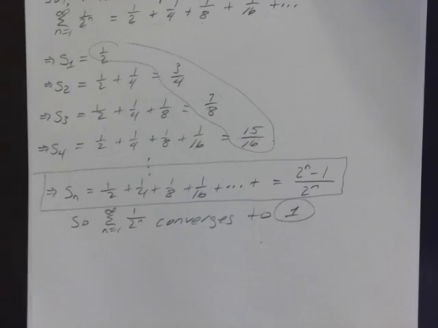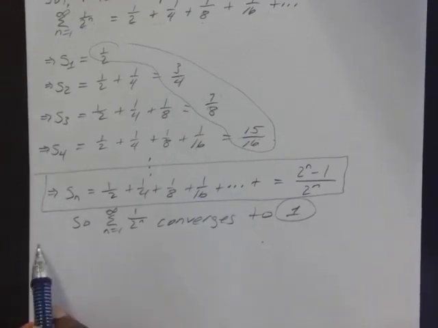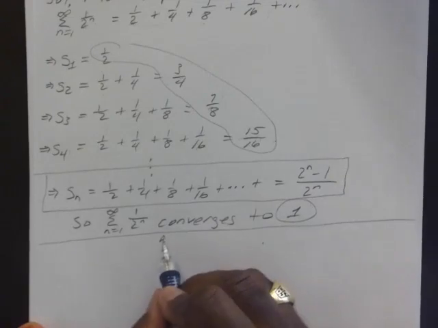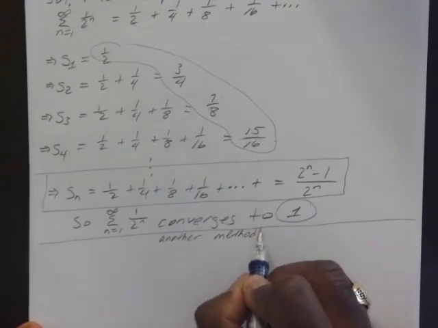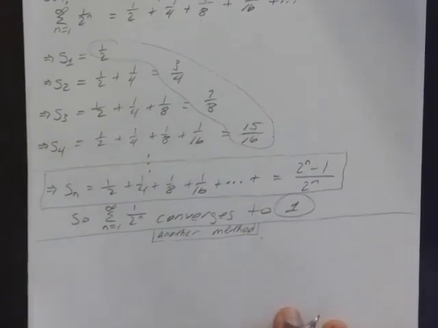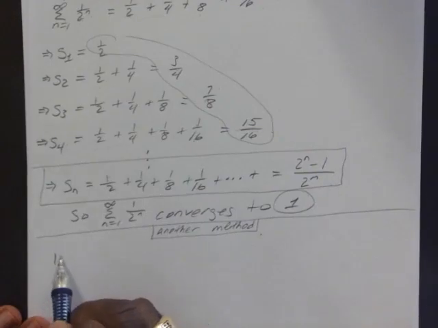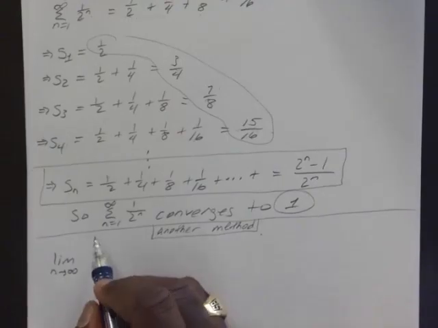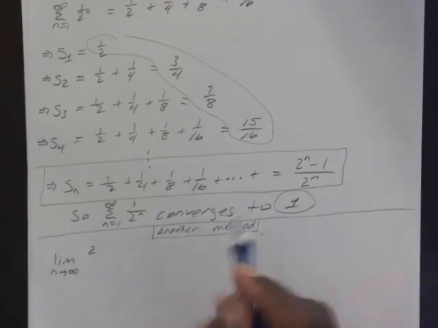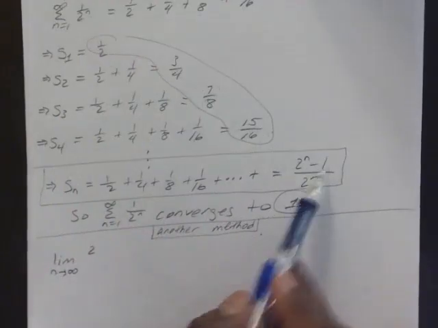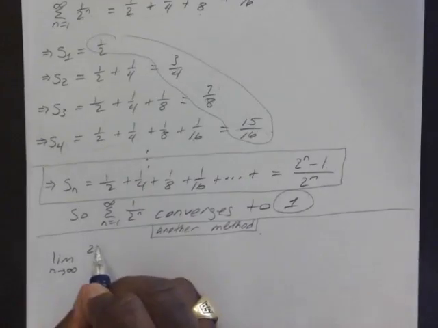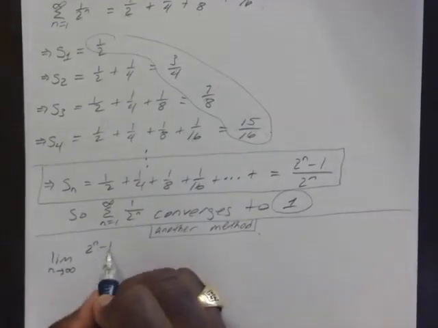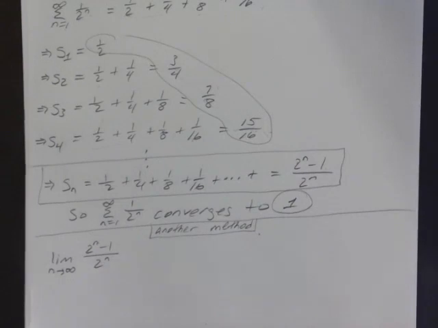Now, if they didn't specify that they wanted the partial sums used, there's always another method. And that's if you take the limit as n approaches infinity. If you did happen to see those values, and let's say you couldn't figure out where it was converging to, let's say you have 2 to the power of n minus 1 over 2 to the power of n.